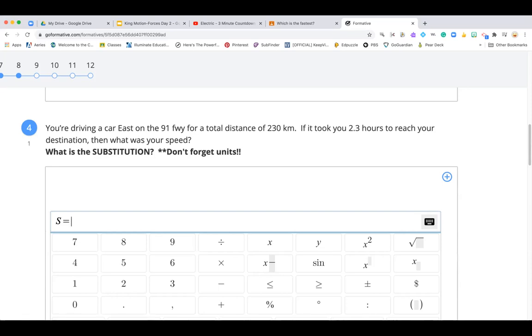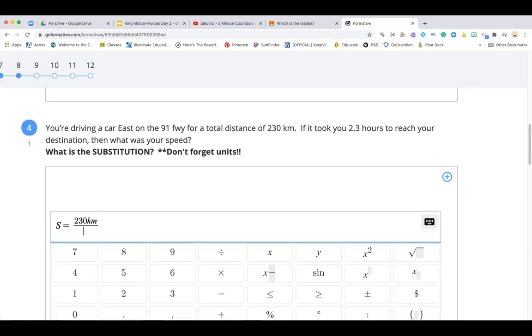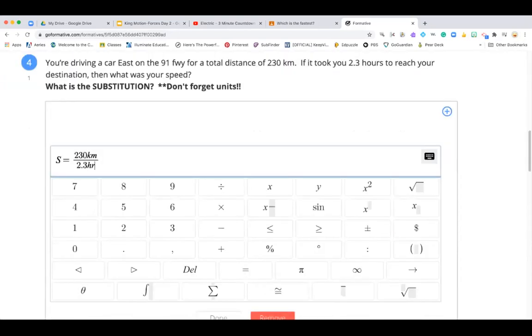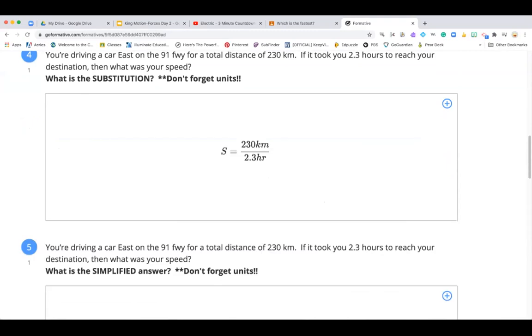So now it's 230 kilometers, no spaces. Keep it all together. I'm gonna hit that backslash again, and it does the fraction thing for me. And then I'm gonna hit 2.3 hours. That's all I need to do for the substitution. And then I'm gonna hit done. That's my substitution.